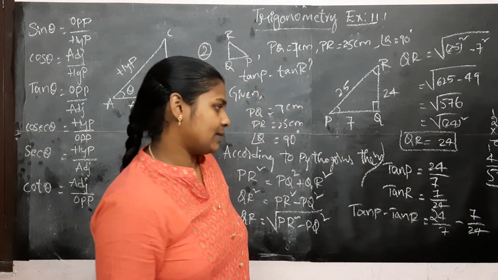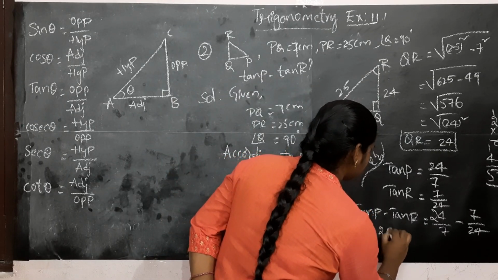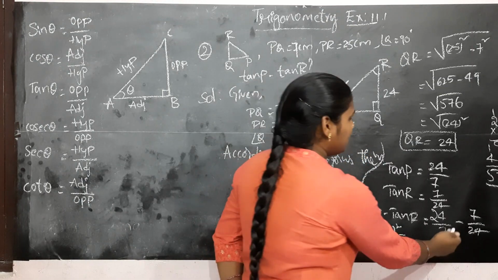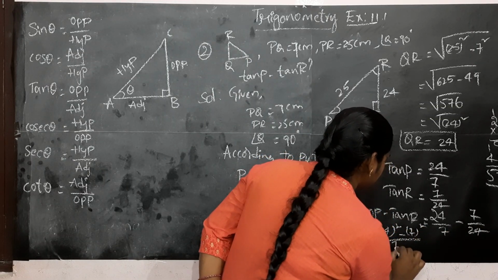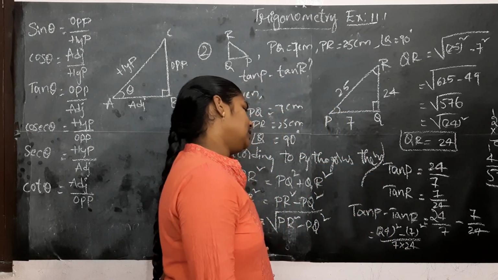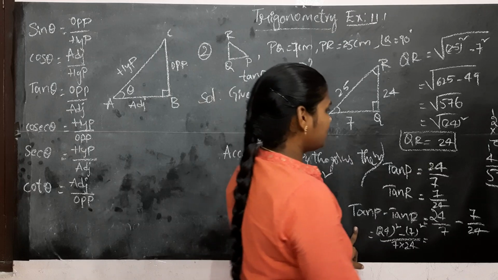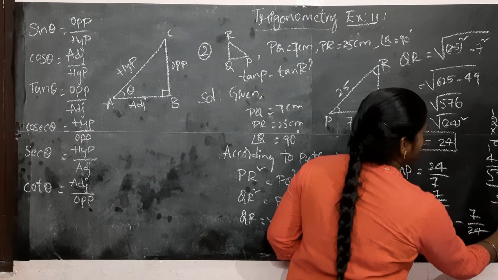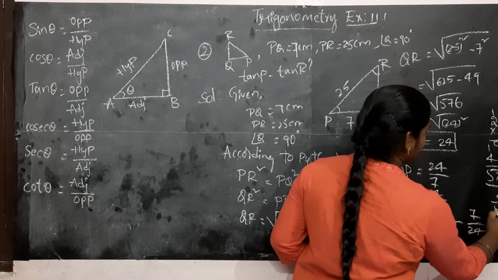That becomes 24 square minus 7 square, if you take the LCM, by 7 into 24. 24 square is 576 minus 49 is 527.